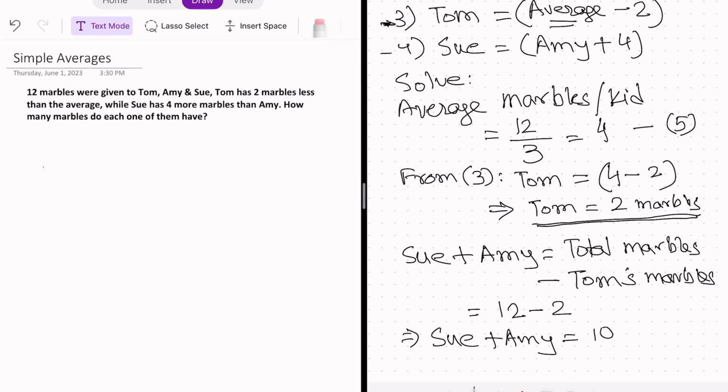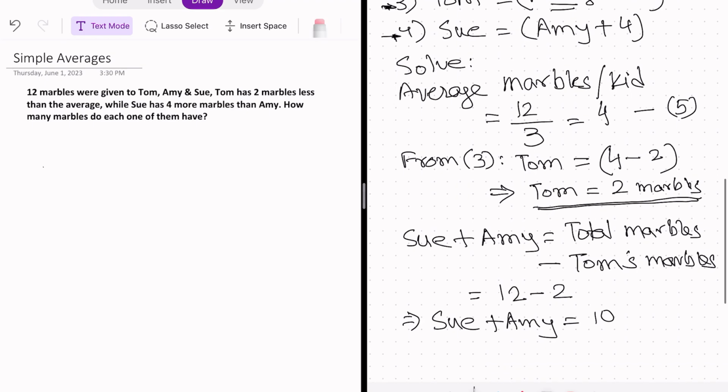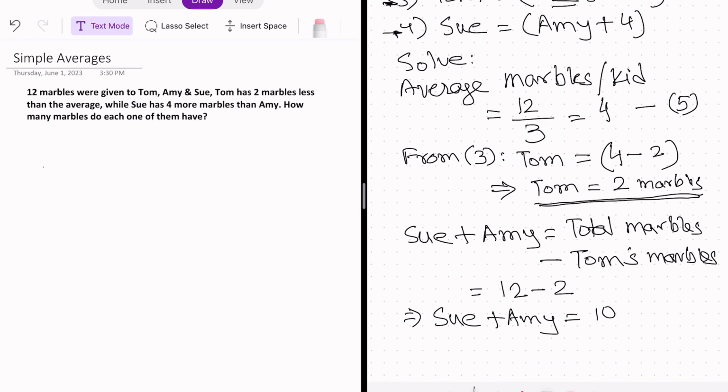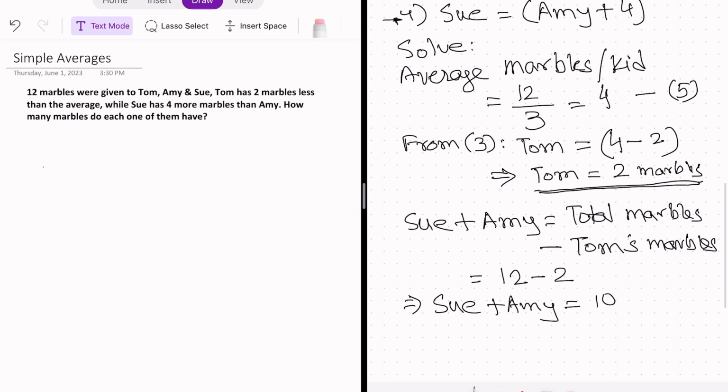And this is where the fourth clue will come in very handy. It says Sue has 4 marbles more than Amy. So I can replace Sue with nothing but Amy plus 4.